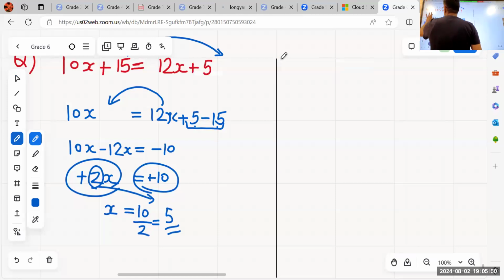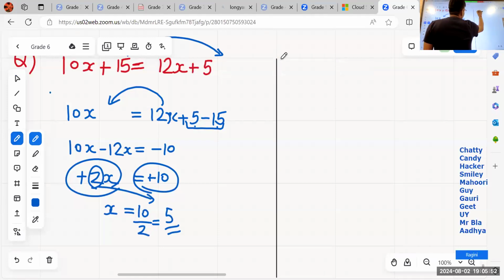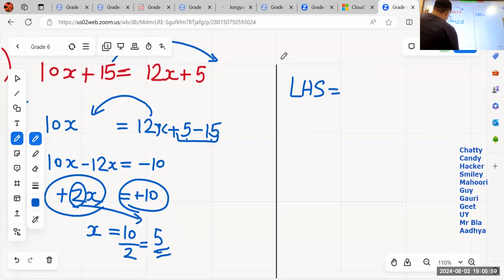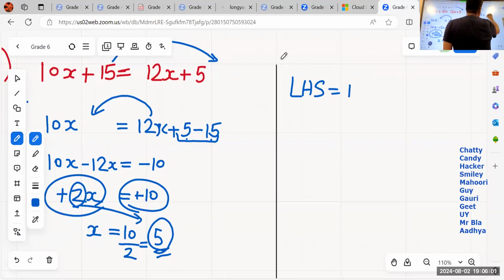So how to check? The check will be your left hand side. Your value of x is 5, so I will put 5. 10 multiplied by 5 plus 15 gives you 65.